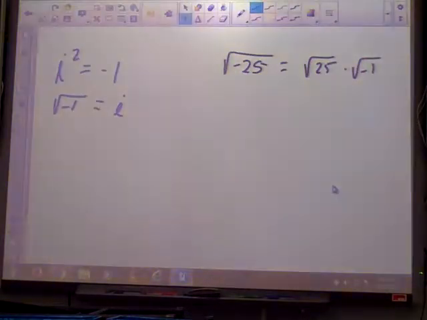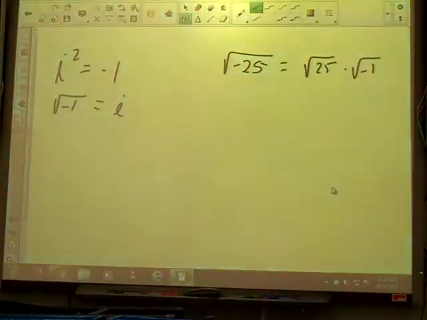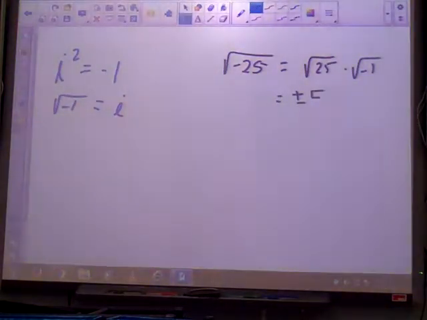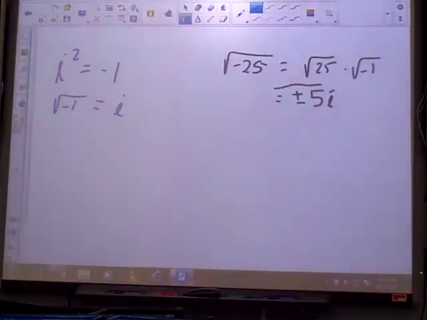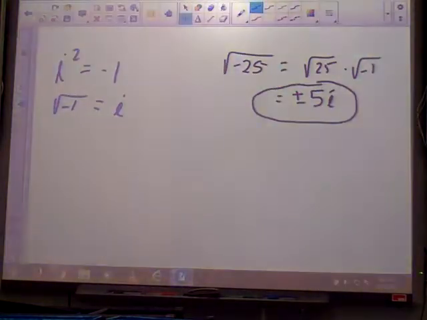Everybody agree on that? What's the square root of 25? Plus or minus 5. Good. What's the square root of -1? We wrote it right here. So our answer to the square root of -25 would be plus or minus 5i.